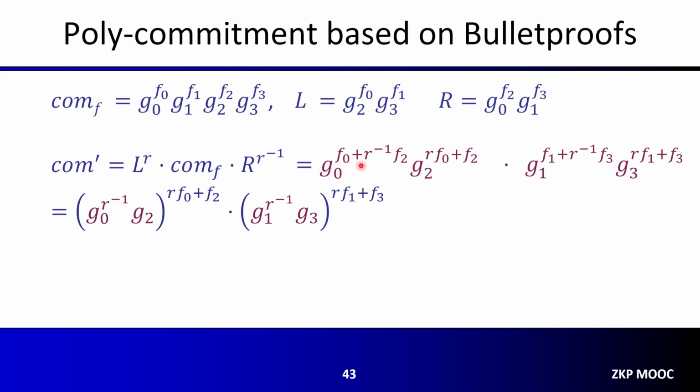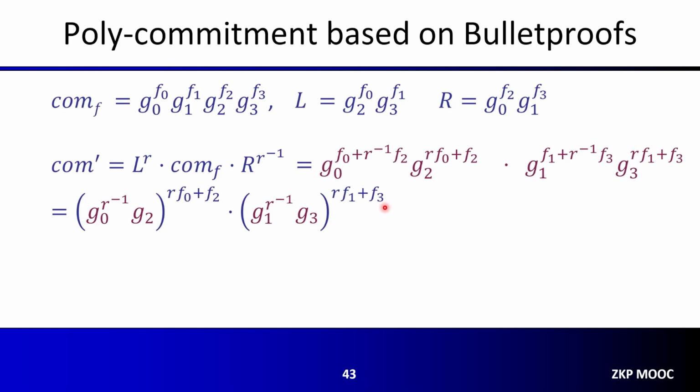That is why it also has a common factor R times F0 plus F2, and the remaining term in the parentheses is G0 raised to the power of R inverse. Similarly, we can do the same thing for the base of G1 and G3. And the second part of the new commitment equals G1 to the power of R inverse times G3, together raised to the power of R times F1 plus F3.